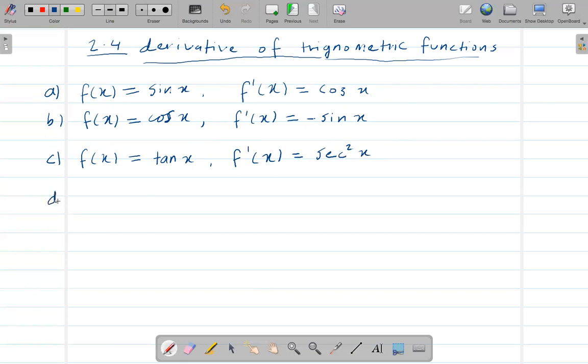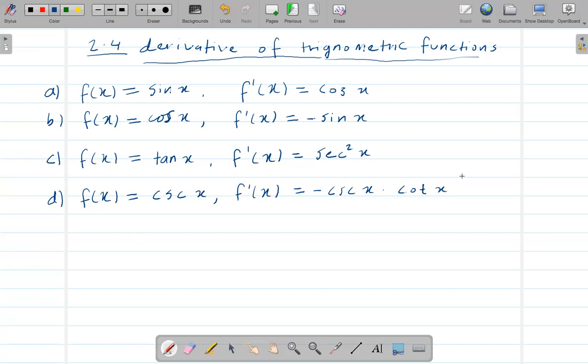And f of x equals cosecant. I used to say this when I was in high school, cosec. f prime of x is negative cosec x times cotangent x.